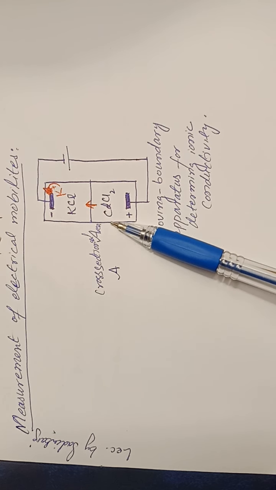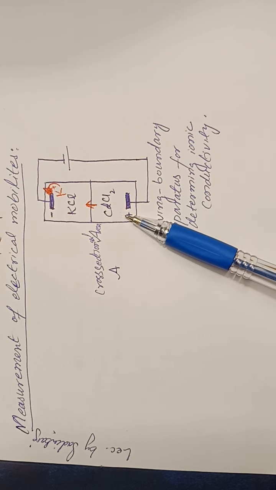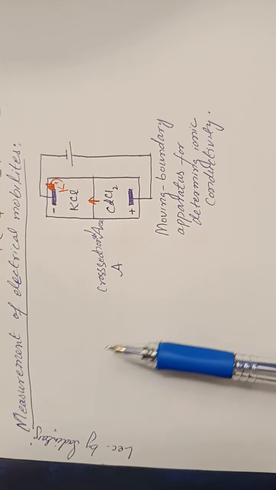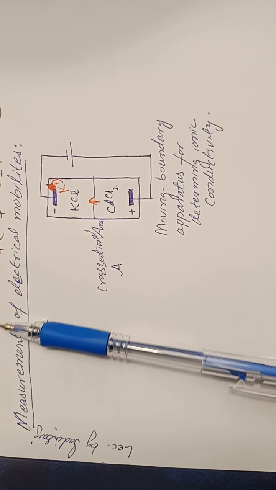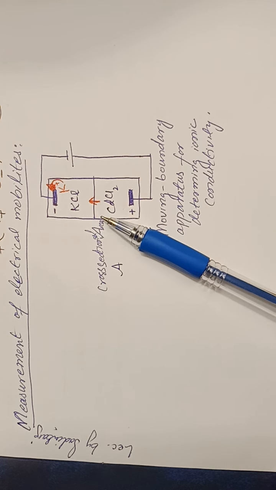For this experiment to work, the lower solution must have lower conductivity, as the mobility is directly related to the conductivity. So the mobility of the lower solution must be lower as compared to the upper solution.